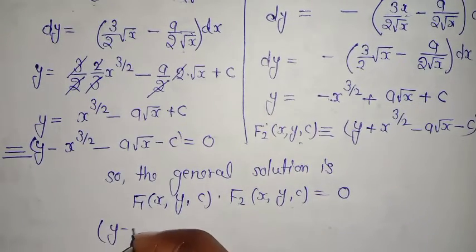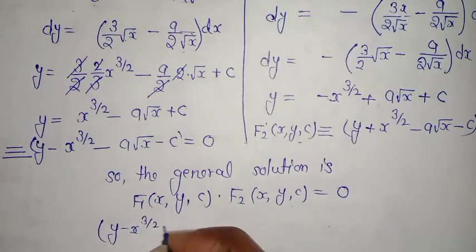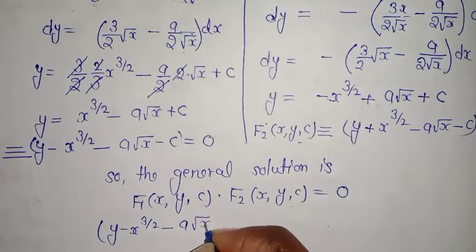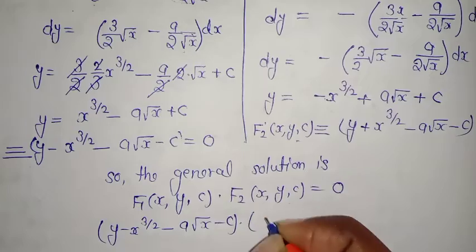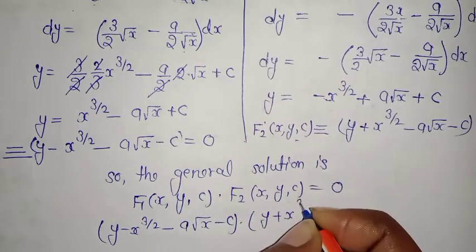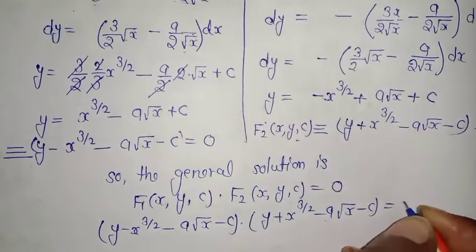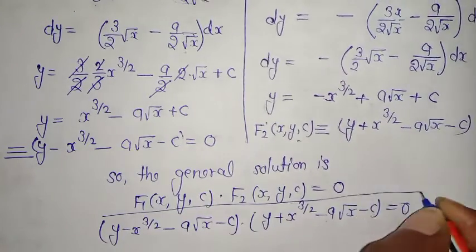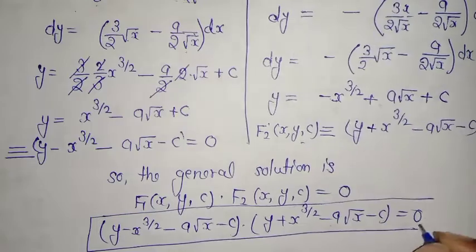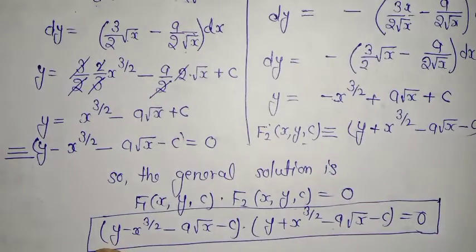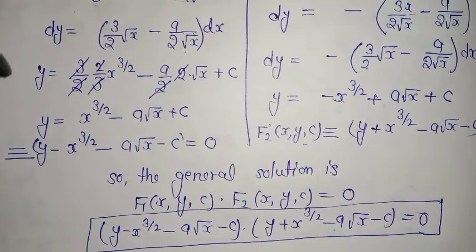We can write it as y minus x raised to power 3 by 2 minus a root x minus c into y plus x raised to power 3 by 2 minus a root x minus c is equal to 0. So this is the required general solution for our differential equation, which is of the first order but not of the first degree. So I hope you understand.